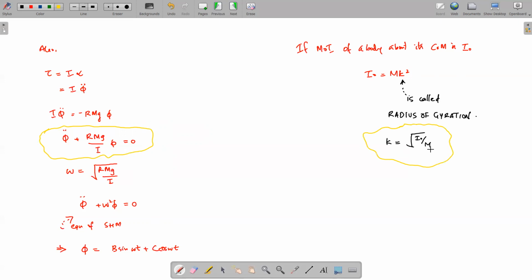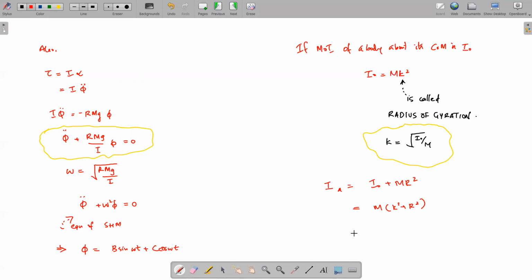So here, say we are applying the parallel axis theorem. If we have to find out the moment of inertia about another point, say IA, then it will be equal to I0 plus m r square, r being the perpendicular distance to the axis, which is equal to m times k square plus r square.